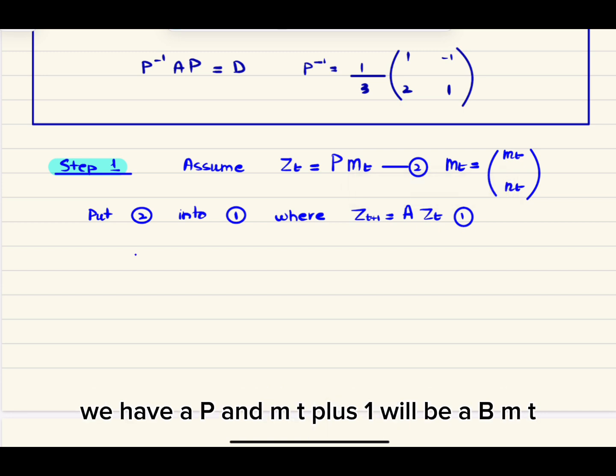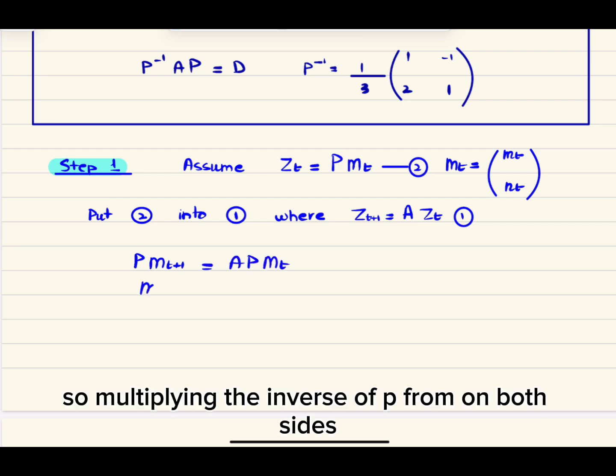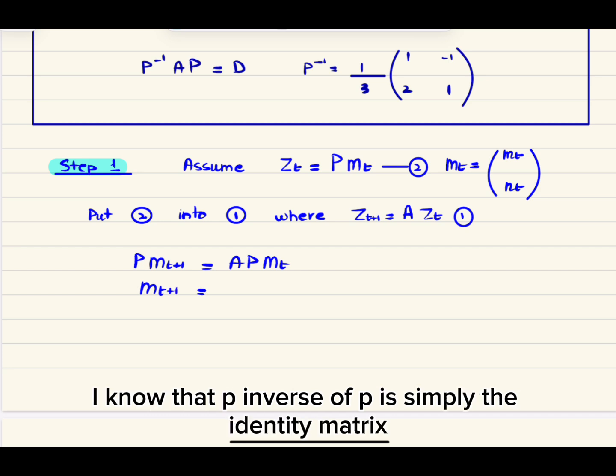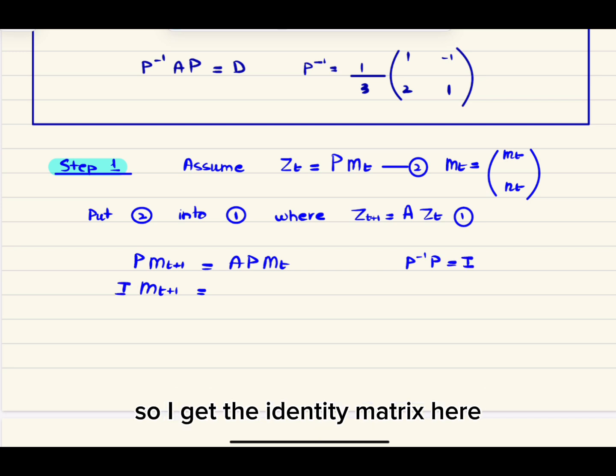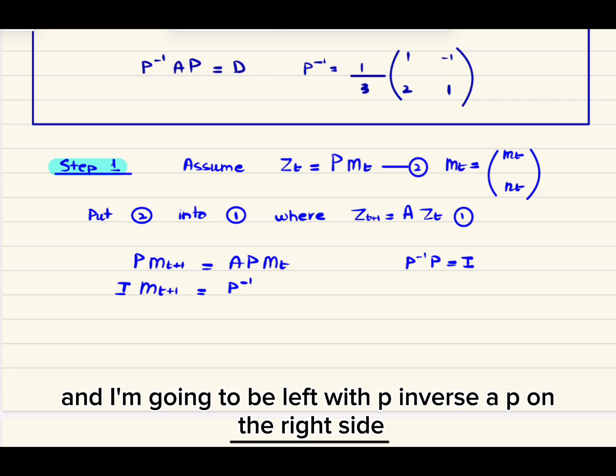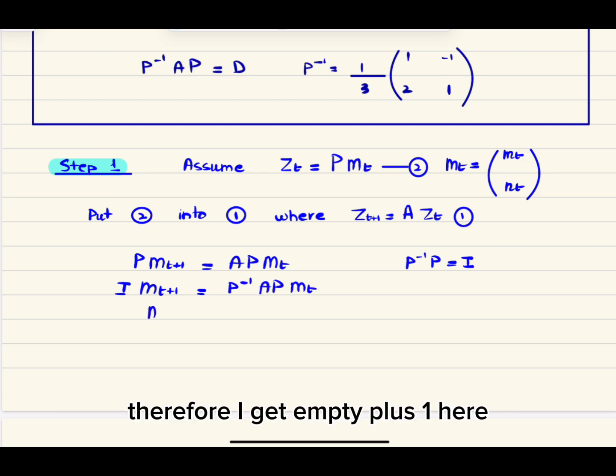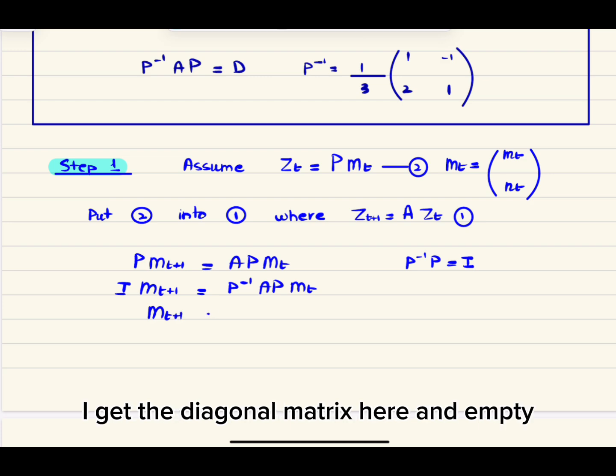We have P m_{t+1} equals A P m_t. Multiplying the inverse of P on both sides, I know that P inverse P is simply the identity matrix, so I'm left with P inverse A P on the right side. Therefore I get m_{t+1} here, the diagonal matrix here, and m_t.